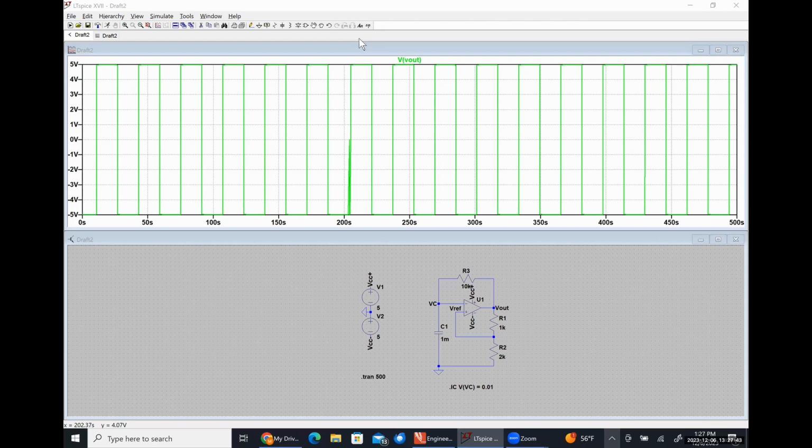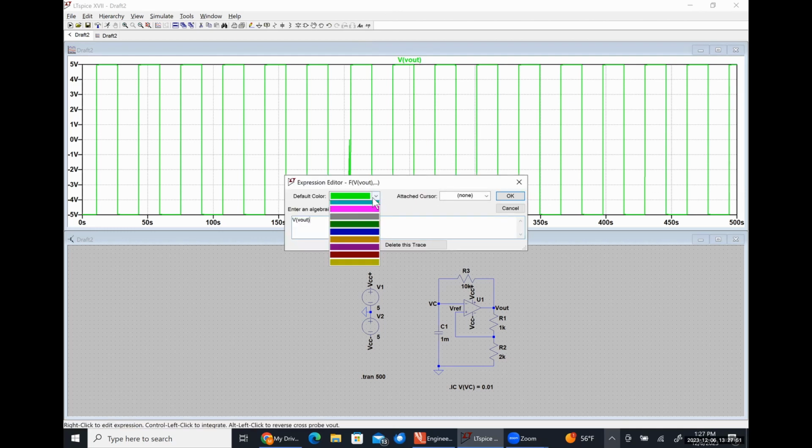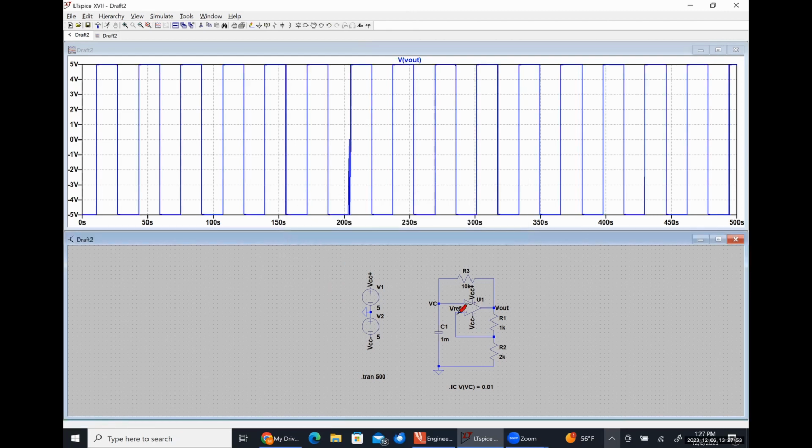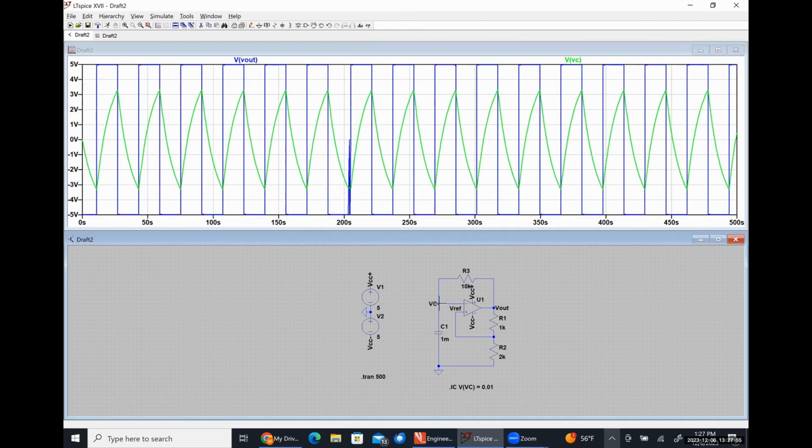And we can see that our output now swings back and forth, exactly like what we should expect. Let me make this blue. If we look at our capacitor voltage, it's doing exactly what we would expect. It started out at something a little greater than 0 volts, so it goes down first.